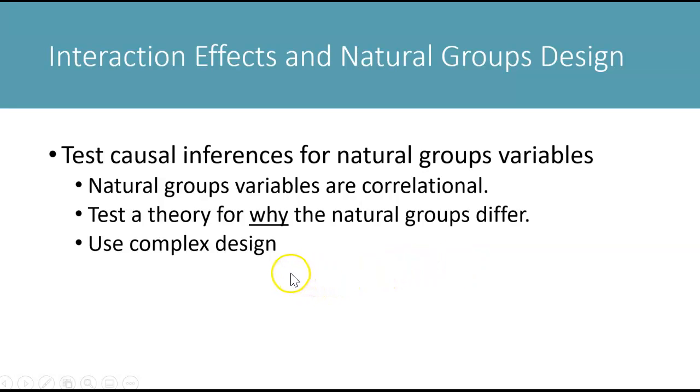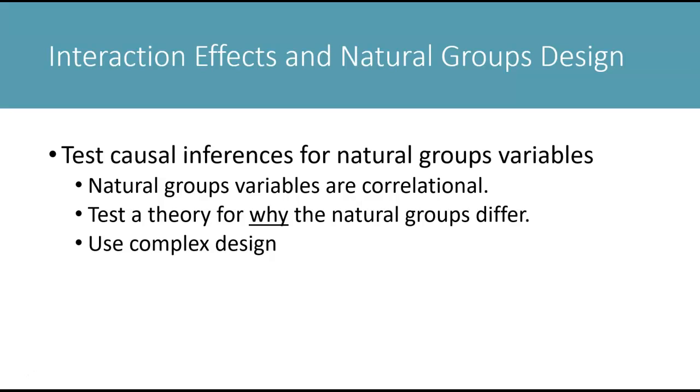Still, though, you can use this design to test a theory about the potential differences between these groups. So just off the top of my head, let's say you have a theory that sex, male versus female, for example, is the cause of differences in test scores on spatial skills tests.